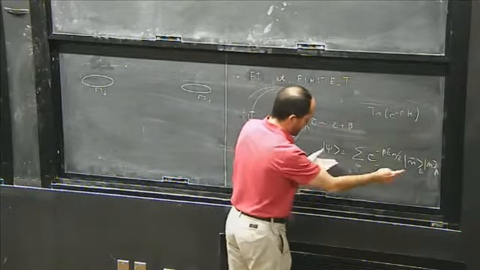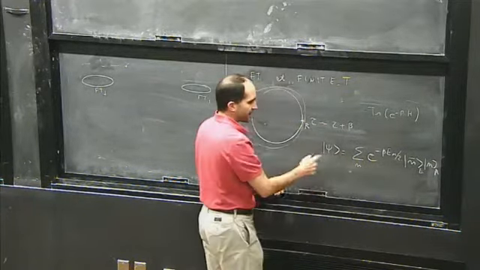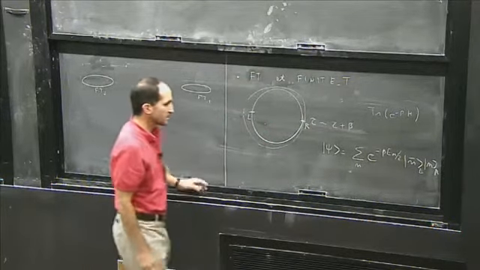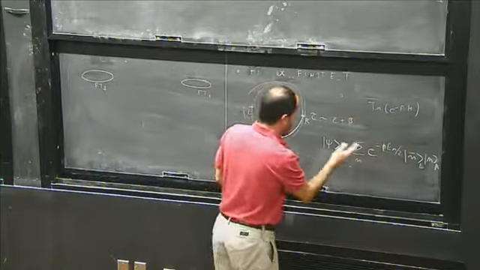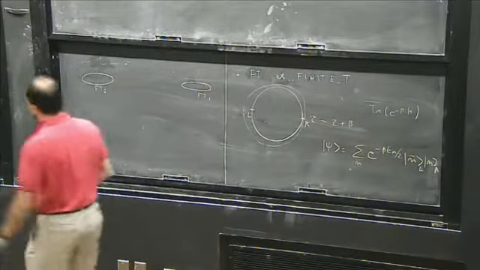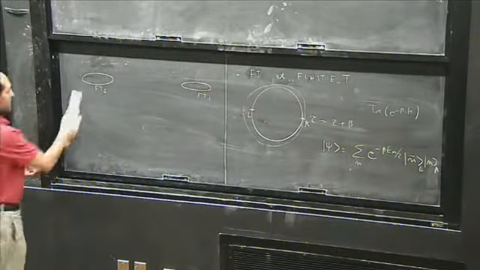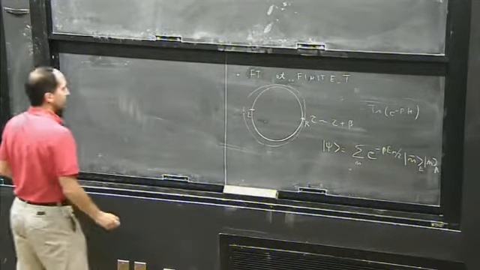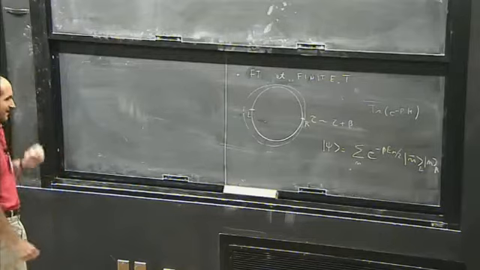So if you get the state normalized in this way and you take the inner product with itself, you get the free energy. Anyway, this is just a way to construct this state. If you wish, it's a mathematical way of constructing this state.